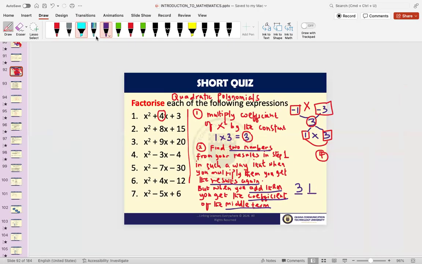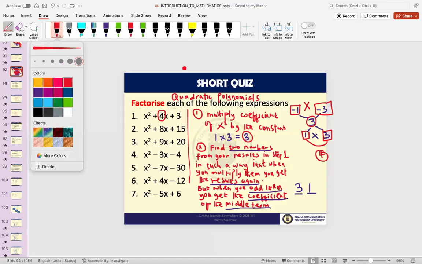Then we move to step 3. Let me give you the step 3 instruction, then we can do some work.